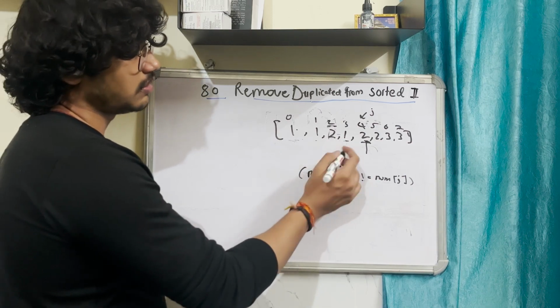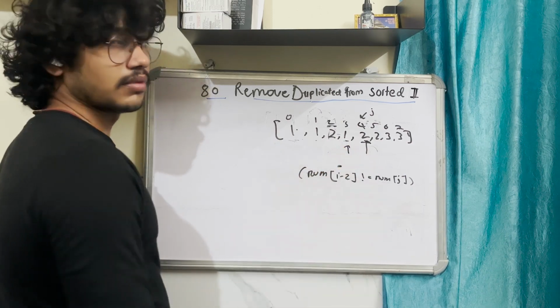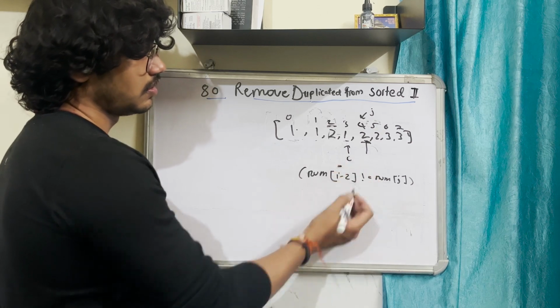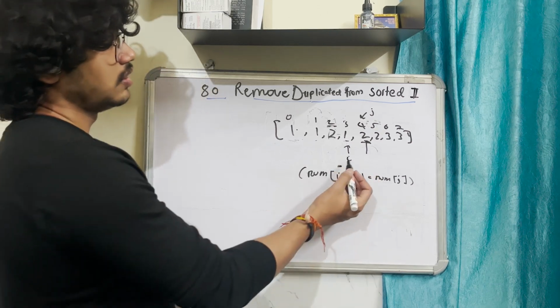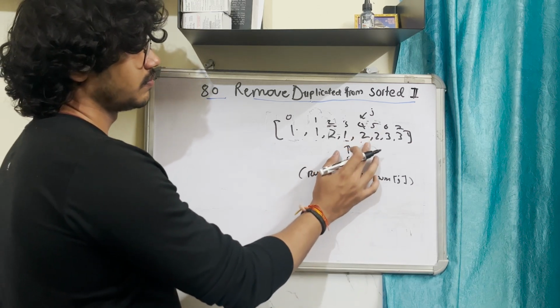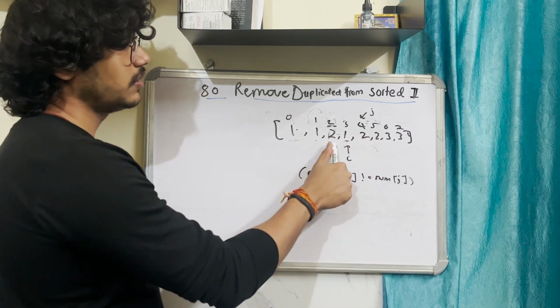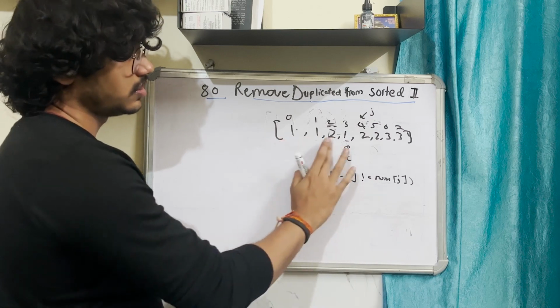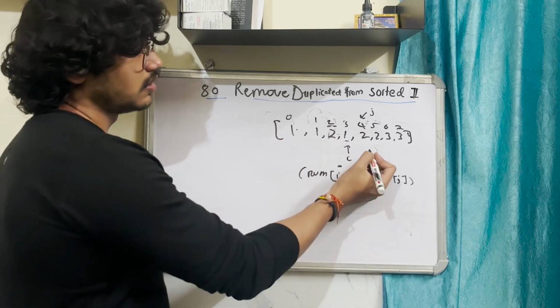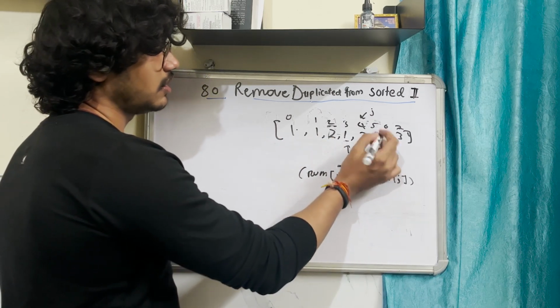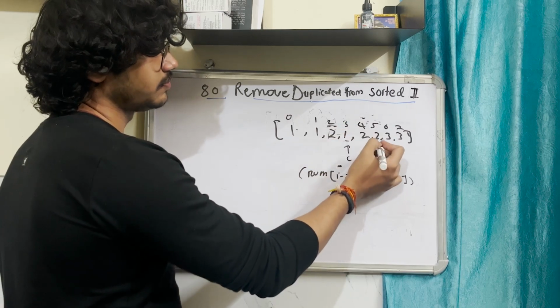Then you'll come here. After removing, you'll increase i because this portion was sorted. Then your j will be here.